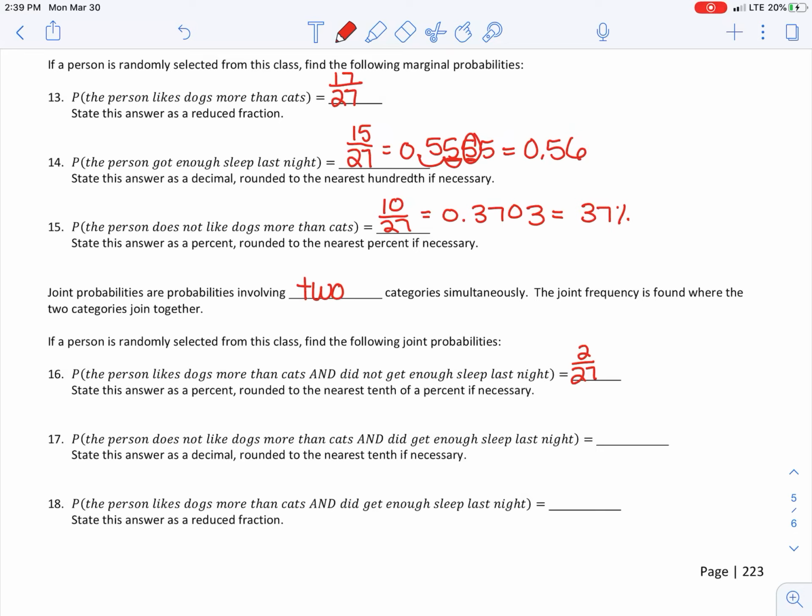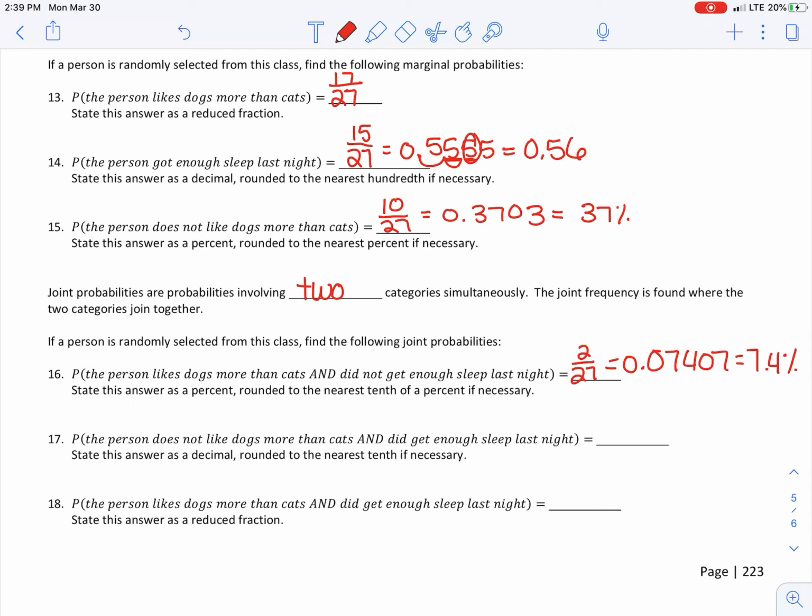It says state your answer as a percent. So we take 2 divided by 27, and we get 0.07407, a big long decimal, and I'm going to multiply it by 100. So we end up with 7.4%, and that is rounded to the nearest tenth.